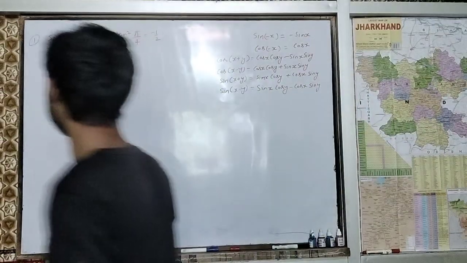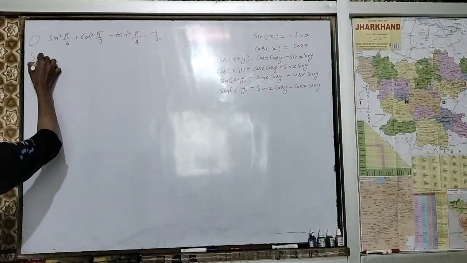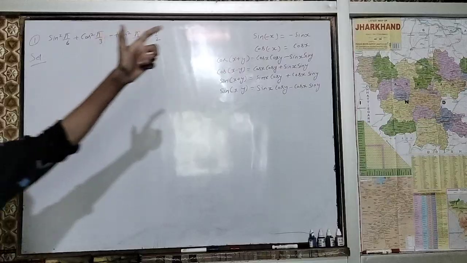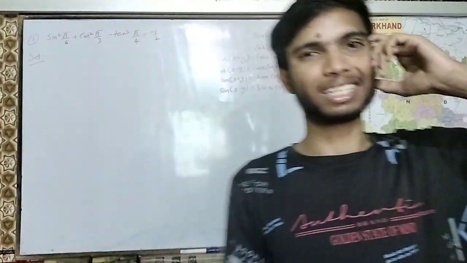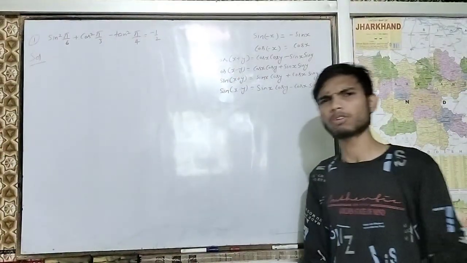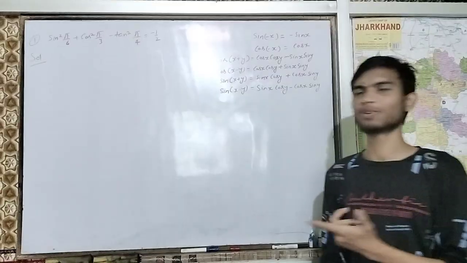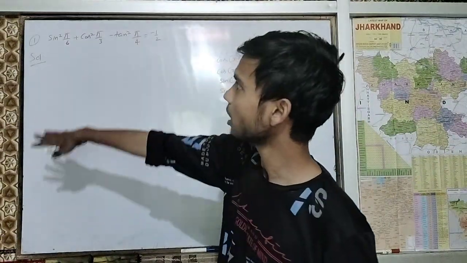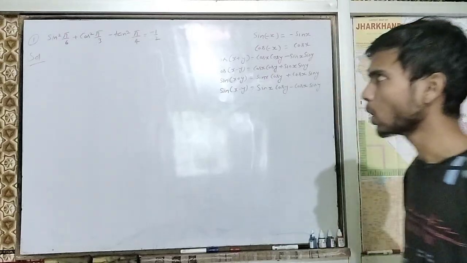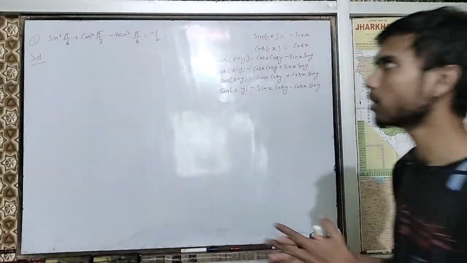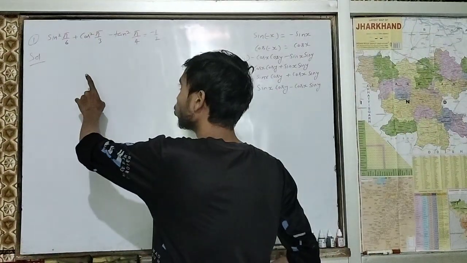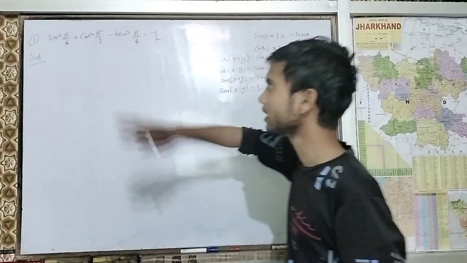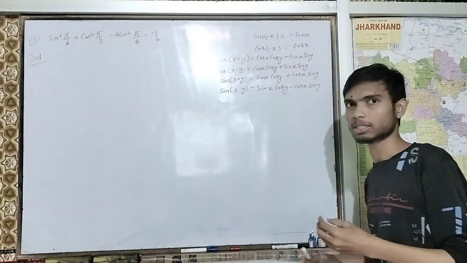I am starting here. Sine square, then here we have an angle which is in radians. But don't worry, we know what to do here. Sine square pi upon 6. What will be the degree of this when we convert this radian to degrees?